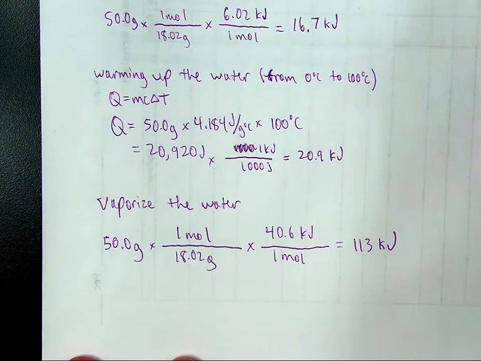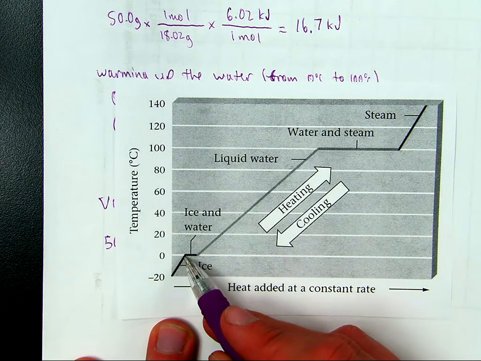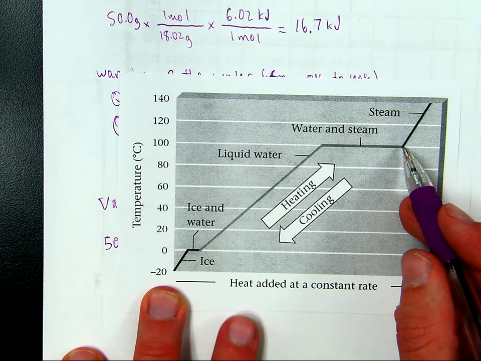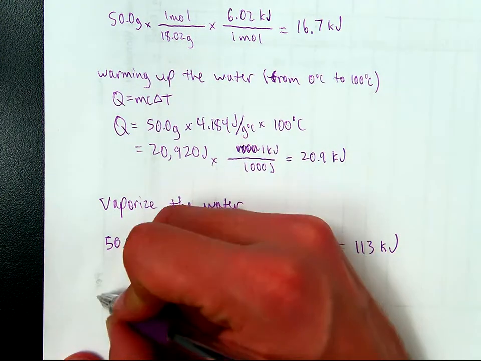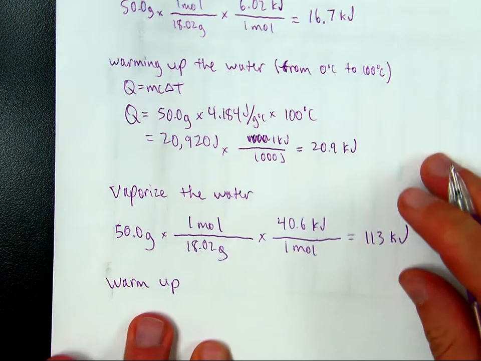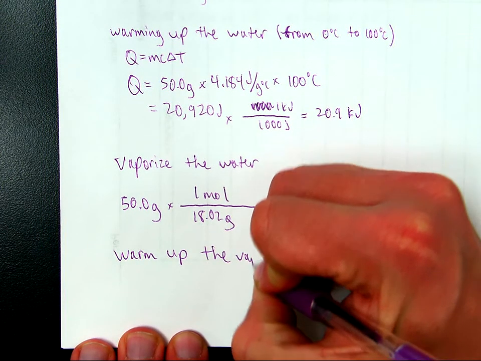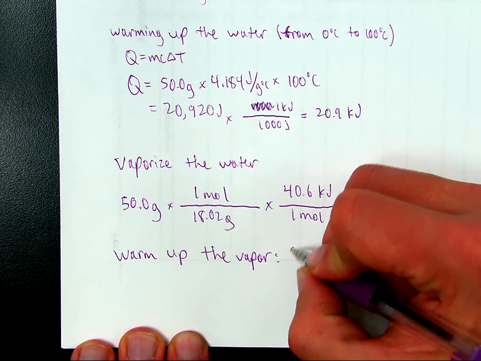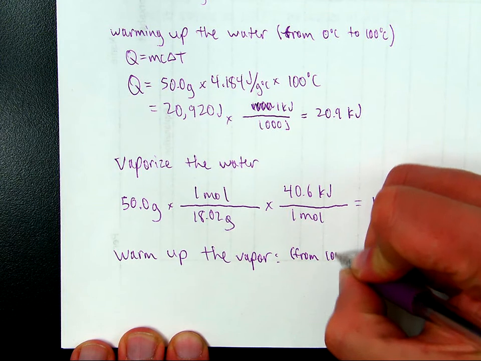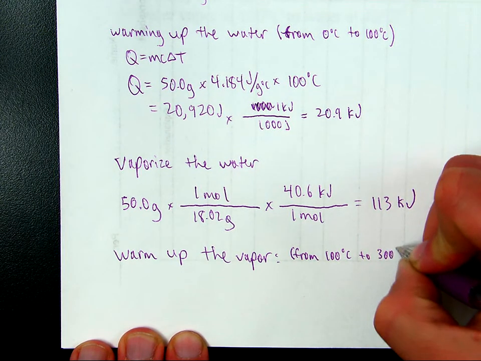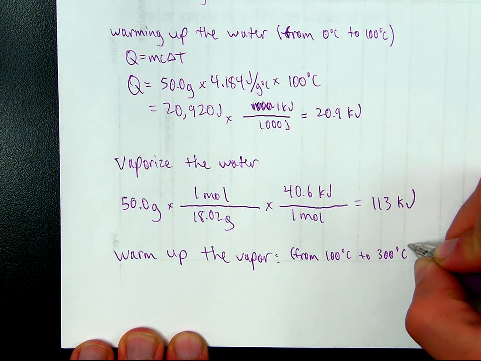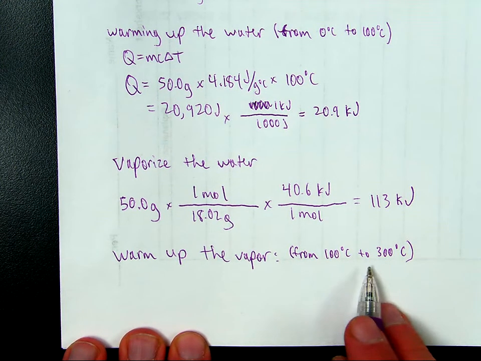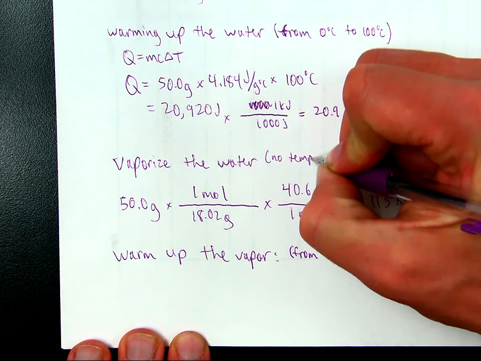Okay, so far we have warmed the ice, melted the ice, warmed the water, vaporized the water. The question asks about warming the vapor up to 300 degrees Celsius, so that's the final step. Warm up the vapor. Because that's from 100 degrees Celsius to 300 degrees Celsius, the temperature goes up by 200 degrees, and also that means we can use Q equals mc delta T because there is a delta T, unlike here with no temperature change.